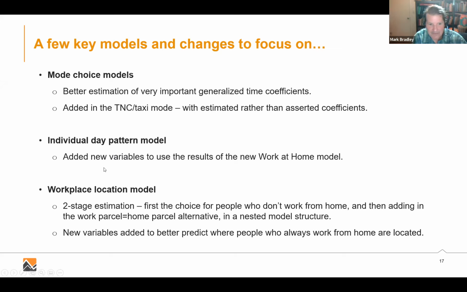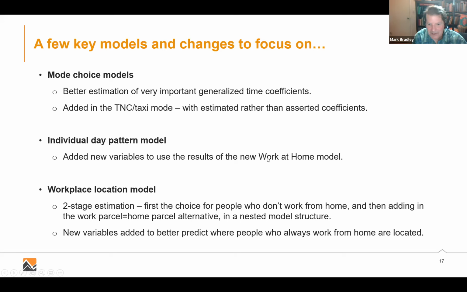As I mentioned, for the individual day pattern model we added a lot of new variables to use the results of the new work at home model. So if a person does work from home, how does that change their likelihood of doing other types of tours and stops during the day?